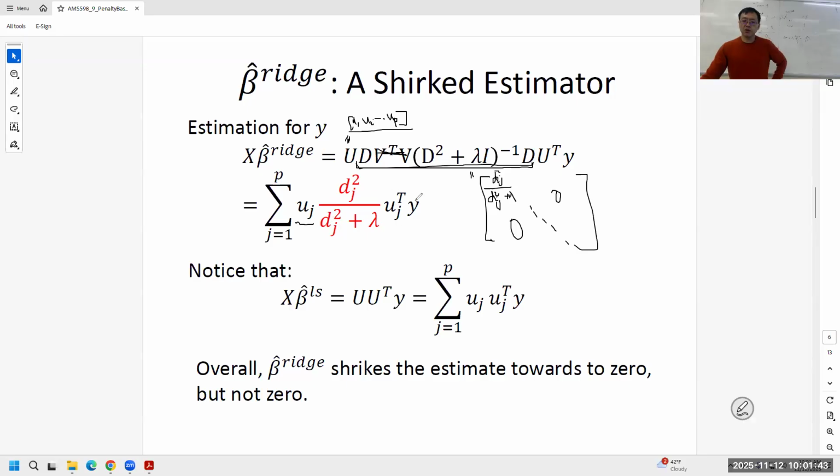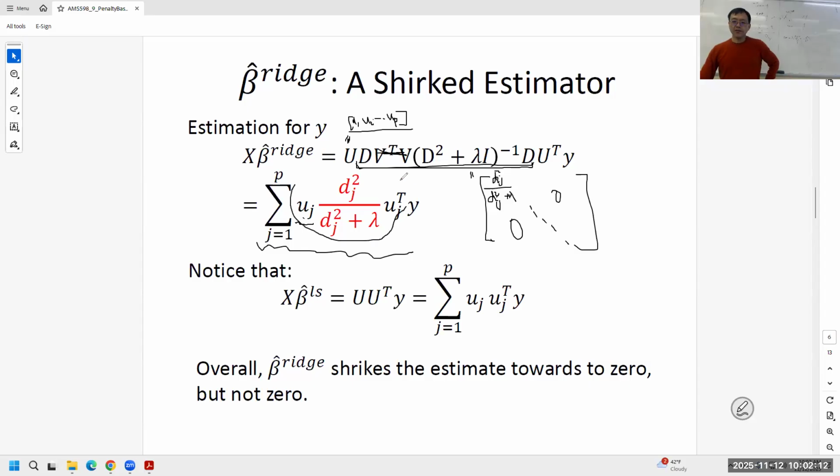times uj transpose Y. So what it does is essentially this becomes a summation like this. Now uj is a column vector, uj transpose is a row vector. So dj squared over dj squared plus lambda is a scalar.